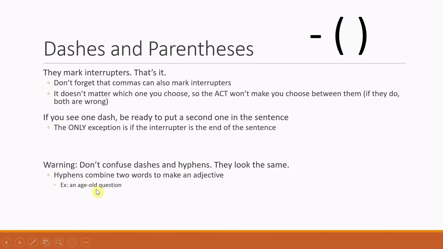So here we have an age-old question, where age and old are combined with a hyphen to make an adjective to say you just have a really old question. If you see something like this, that's not actually an interrupter, that's a hyphen used for something else. As I said though, don't worry too much about those. They're extremely rare, but since they can be confusing, I just wanted to put that on the slide.